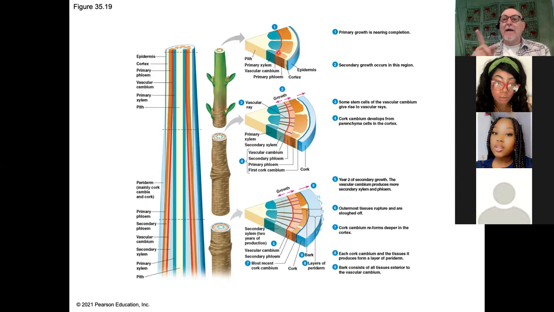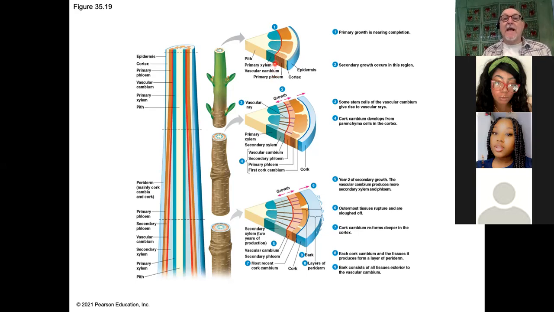The vascular cambium has the characteristic that it's not limited to the vascular bundles the way the procambium was. Instead, you can see here, it extends between the vascular bundles, and it now has the potential to produce cylinders of tissue rather than these discrete bundles.